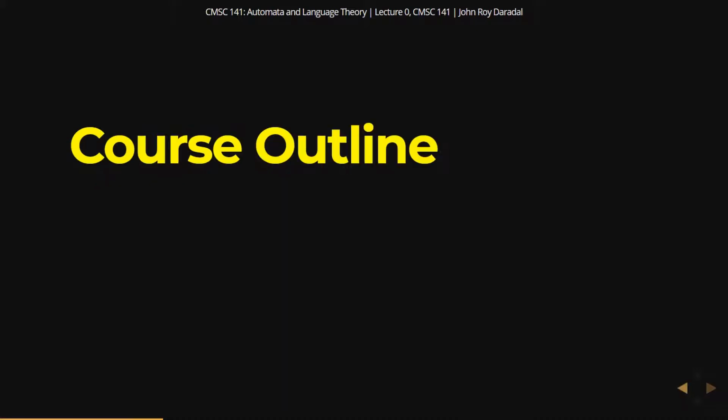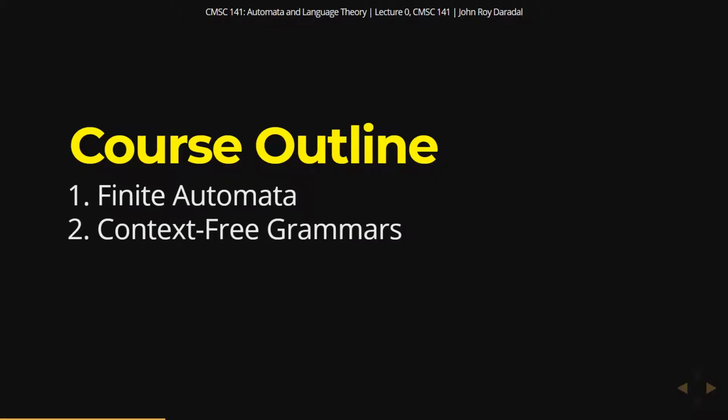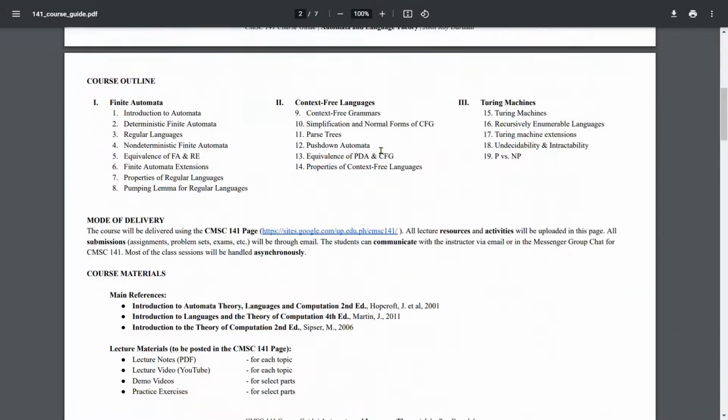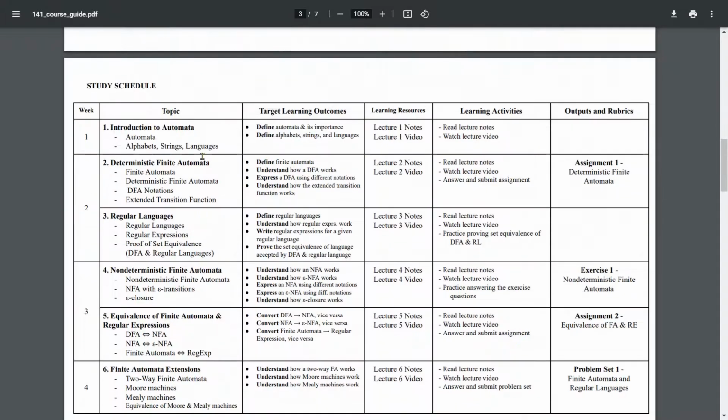Okay. Now, for the course outline, the topics are divided into 3 parts, which is the finite automata, the context-free grammars, and the Turing machine. Now, before we discuss the topics in detail, you could check the course guide for the detailed explanation of the topics, detailed breakdown of the topics.